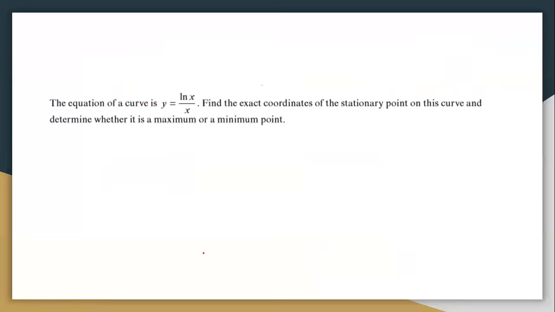Okay, let's look at some mini scenarios now. They have given us the equation of a curve, and they're asking us for the exact coordinates of the stationary point on this curve, and to determine whether it is a maximum or minimum.